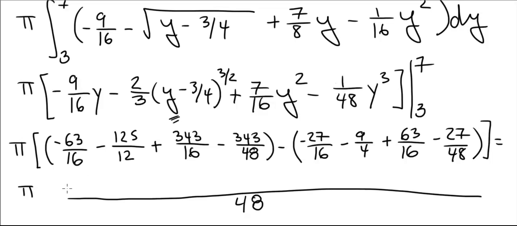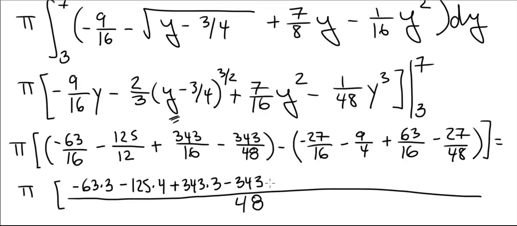So to get everything to 48, we'll have minus 63 times 3, minus 125 times 4, plus 343 times 3, minus 343. Minus a minus will be plus 27 times 3. Once again, plus 9 times 12, minus 63 times 3, and finally plus 27.